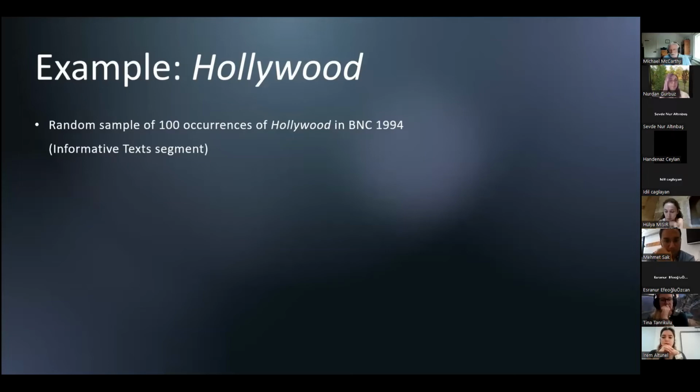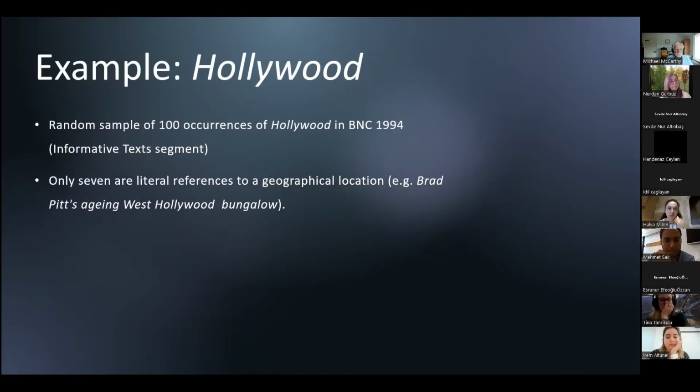If you use the British National Corpus, you will see that the texts are labeled with different labels, such as fiction or speaking or informative. And I chose the informative texts. Only 7 of the 100 references to Hollywood are literal references to a geographical place.